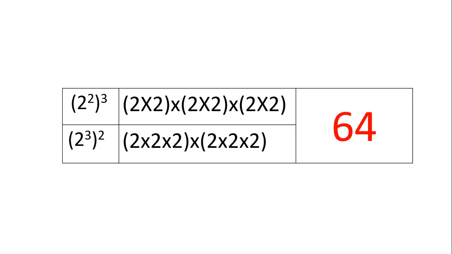Both answers equal 64, because from the law of exponents, you just multiply the powers together. So whether it's m times n or n times m, which one comes first doesn't matter, because we multiply the exponents together. Whether it's 2 times 3 or 3 times 2, you get back the same outcome. Remember, you get 64.